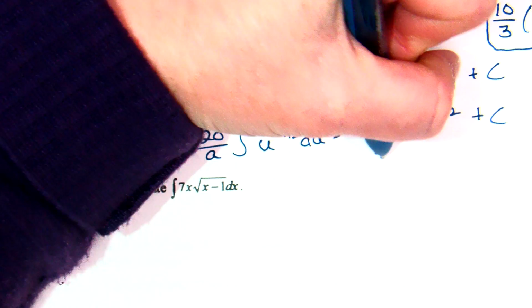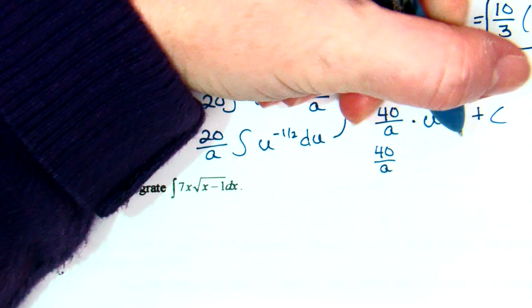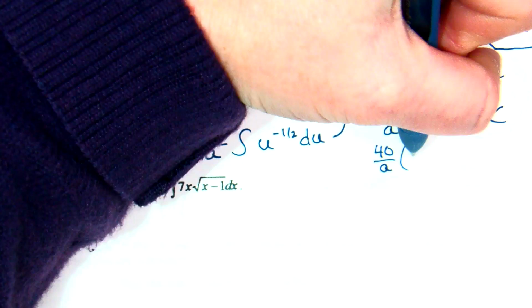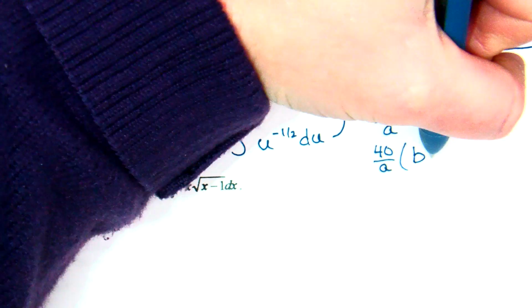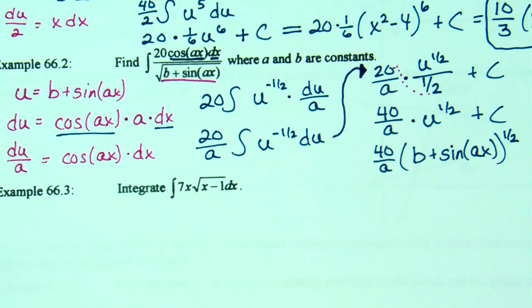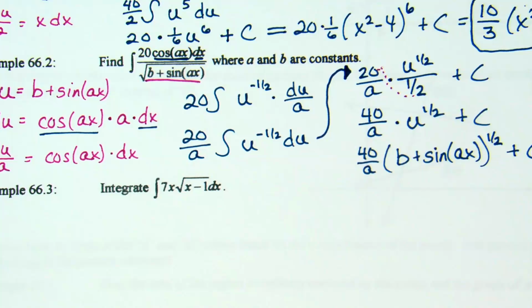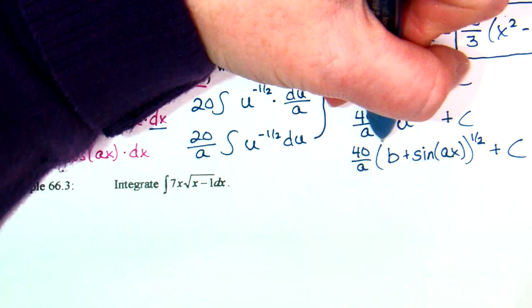Sorry, 40 over a. It's not your fault. I'll blame you. Get it? u is b plus sine of ax. And I started writing this, so I'm just going to finish it this way. Raised to the 1/2 plus c. If you wanted to, you could also put it as a square root in there with 40 over a out front.